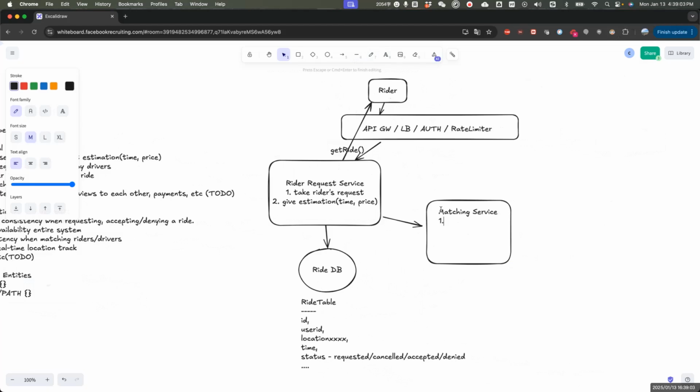On the matching service, it takes nearby drivers' status and then matches the incoming ride request.